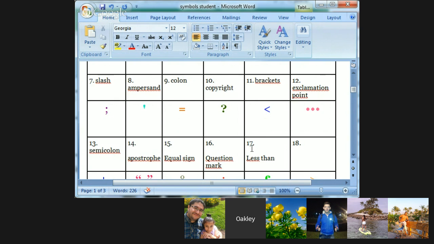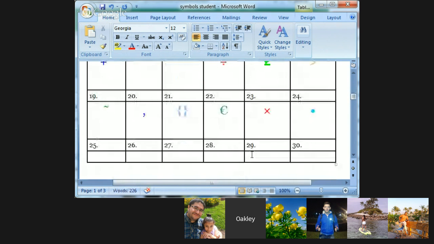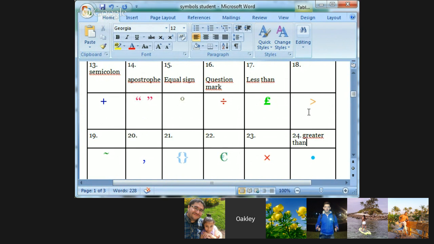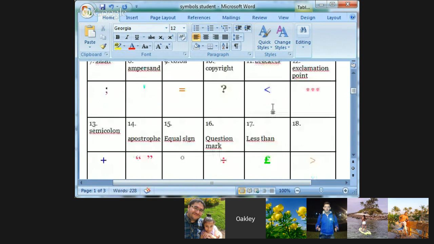By the same token, since we're kind of running out of time, where's greater than? Here it is, down here. Greater than. Now, of course, we don't normally use this in written English, although I have seen it once or twice, a little bit of poetic license.